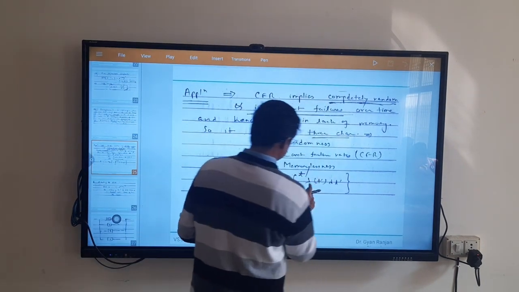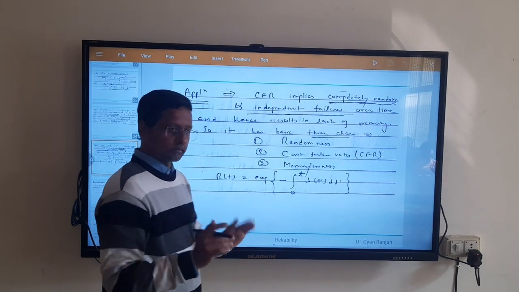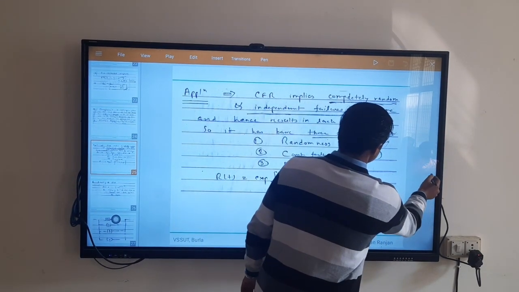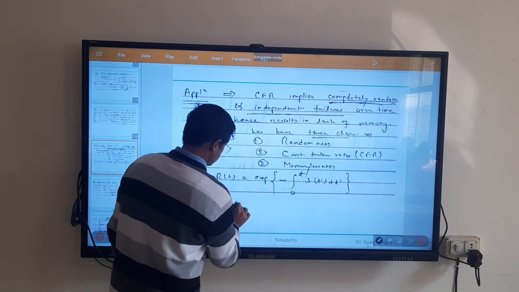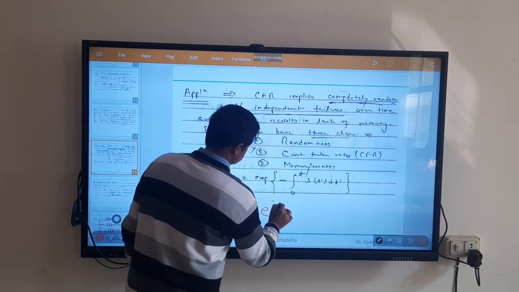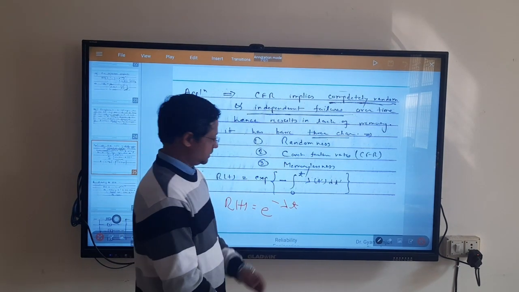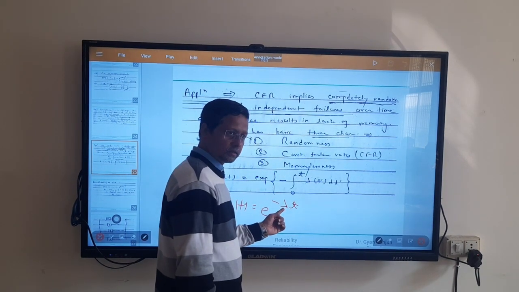Remember, this function, that function is the same. Is there any difference here? If I write R(t) is equal to e raised to minus lambda t, isn't it a standard equation? This lambda isn't a function of t, है ना?